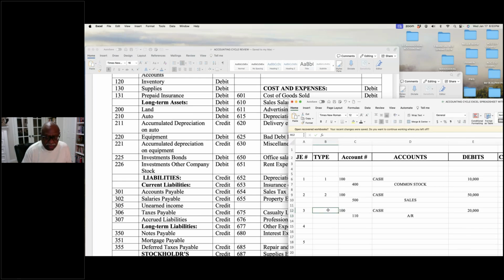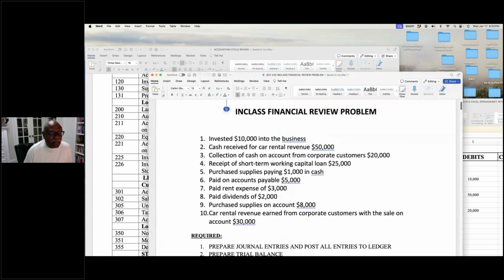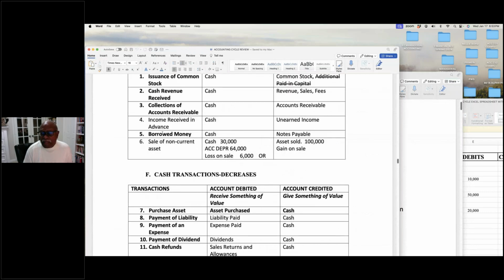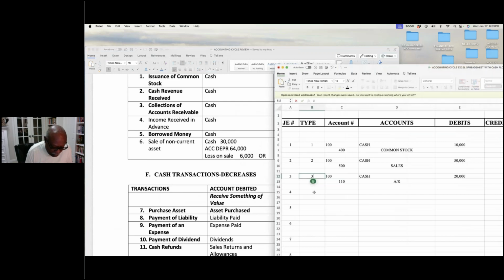So this was a type 3 here. And so we said that this was a type 5. We borrowed money. So when you borrow money, once again, cash is coming in. We're going to debit cash and we're going to credit short-term note payable.